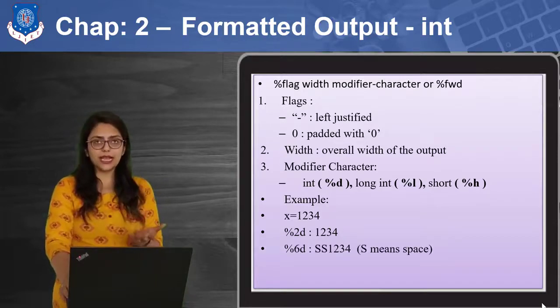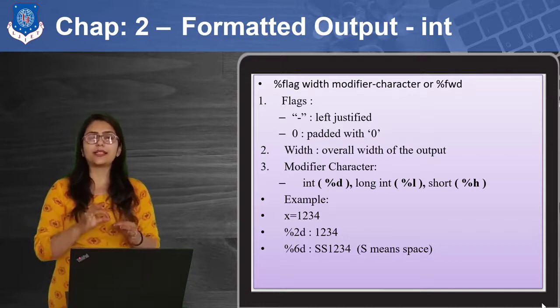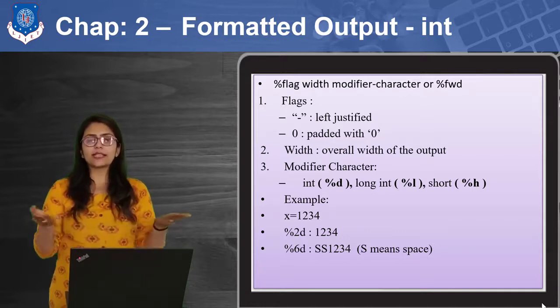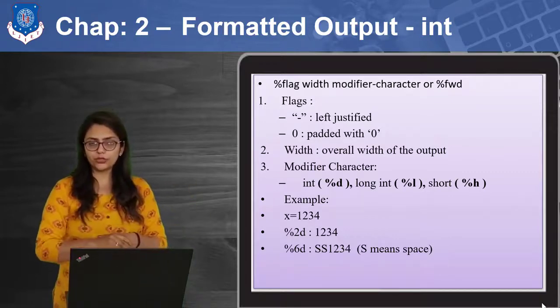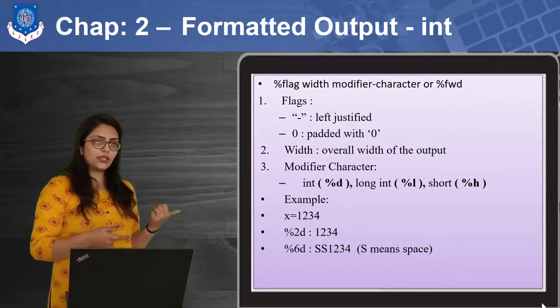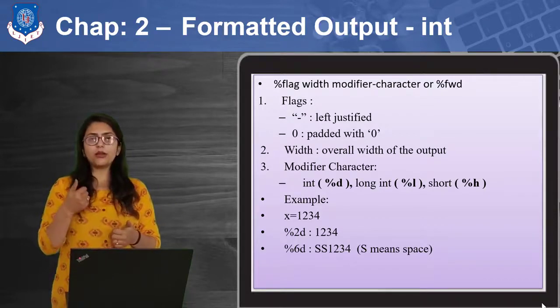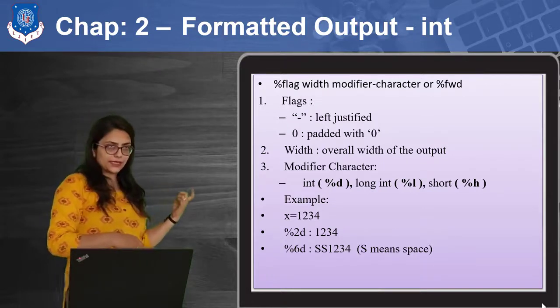It will print just the number as it is. But what if someone is writing %6d? That means you are giving size 6, but you are just storing a number with 4 digits, 1234. And it will by default be right justified because I have not mentioned the flag. So first two will be spaces.